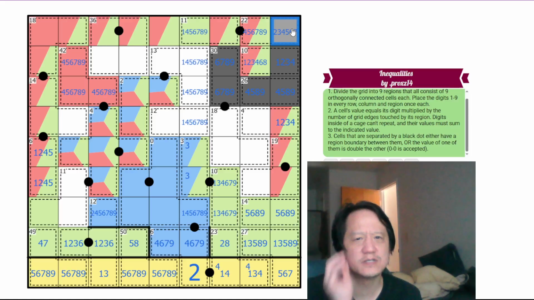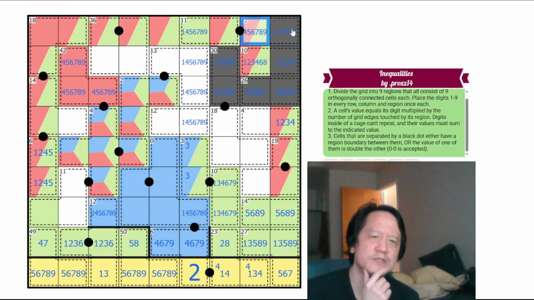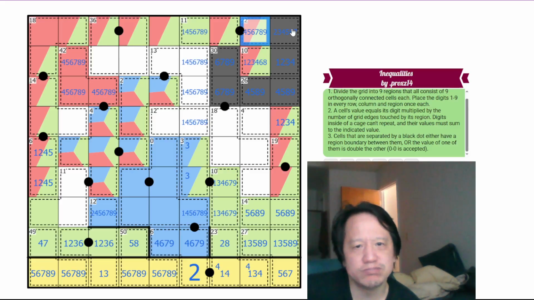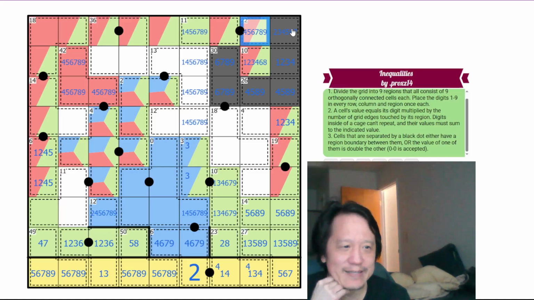Yes, if this is 7. 14 plus 8. So that could be. Okay, never mind. I'm just trying. Yeah, this is a struggle, definitely. This is pretty difficult.